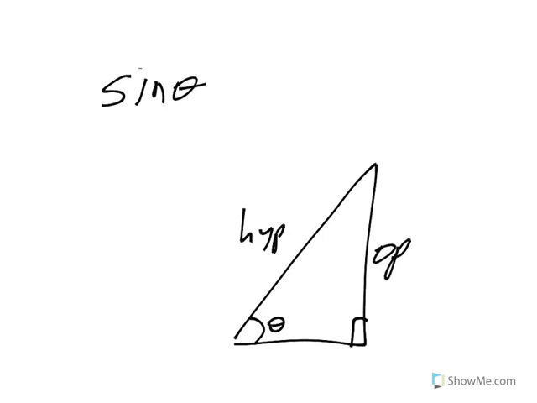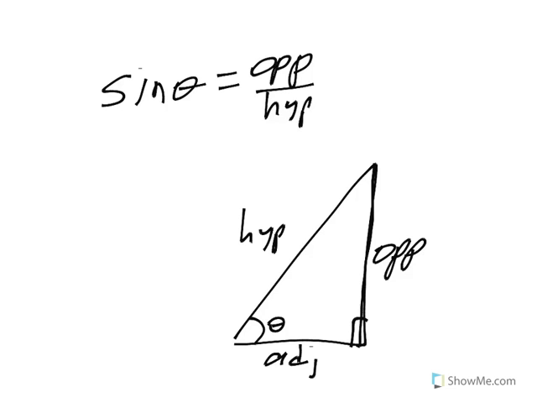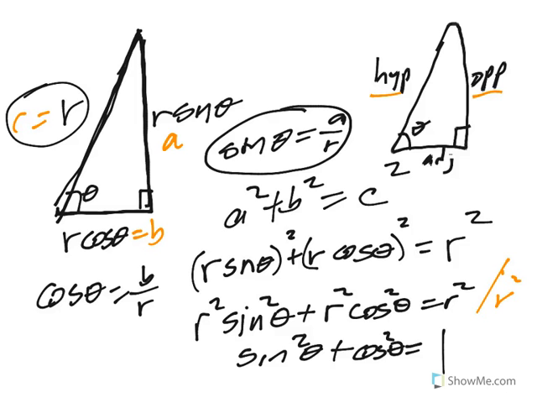Here's the side opposite the angle theta. Here's the side adjacent, so right next to the angle theta. And we just said that sine is this opposite side over the hypotenuse. Let's check that. Yeah, sine is the side opposite theta over the hypotenuse.